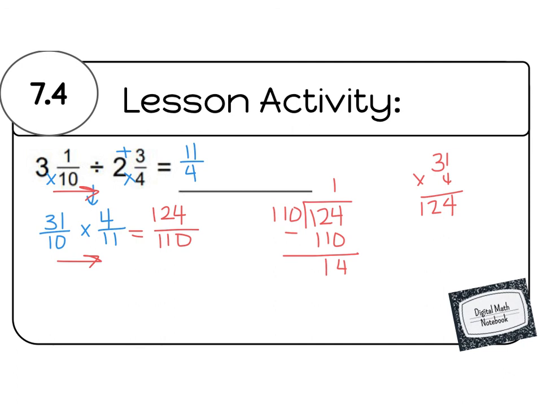So that means that it went in one whole time with 14 out of 110 left over. And yes, both of those numbers are even, and you could simplify, but for now, we'll just leave it alone. Make sure that you type your answers and all of your steps into your digital math notebook.